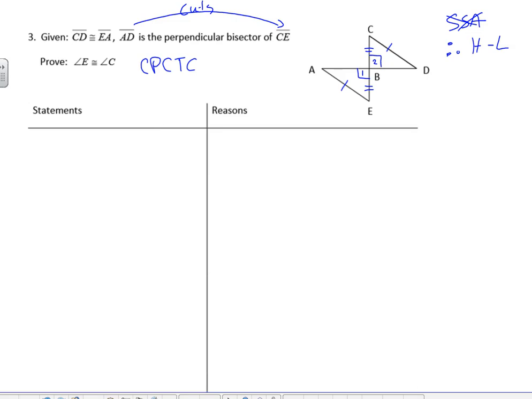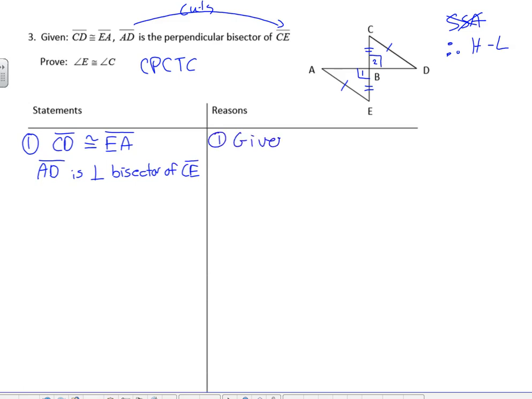Okay, so let's go ahead and execute this proof. So CD is congruent to EA, and AD is perpendicular bisector of CE. Okay, given. All right, well, we've already got the hypotenuses.